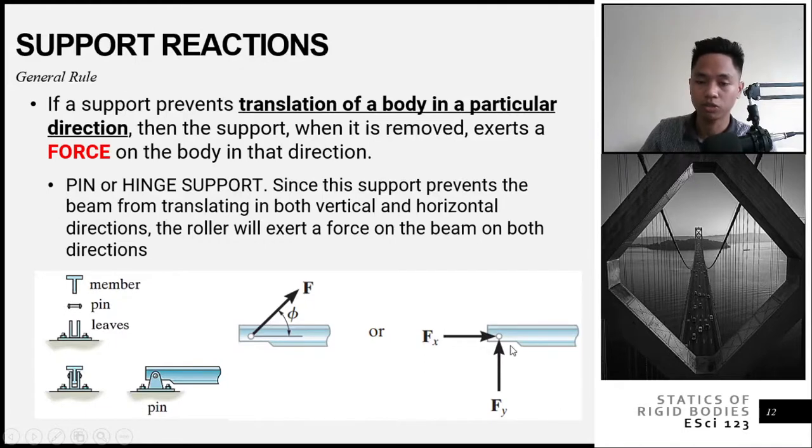So we have pin support. It prevents translation of a body in particular direction, specifically about x and about y direction. Ngano di makaka-resist to movement? Because again, pwede maka-movement diri because this is a spin, pwede nimo siya tuyokon diha, so wala kay resist nga movement.